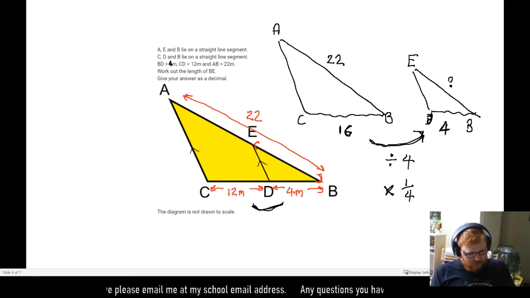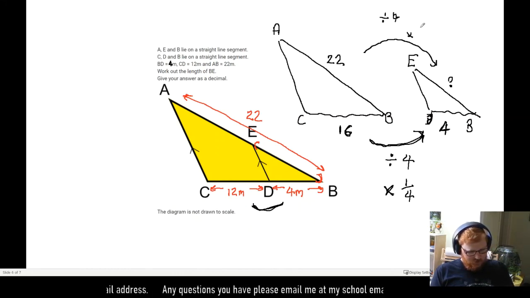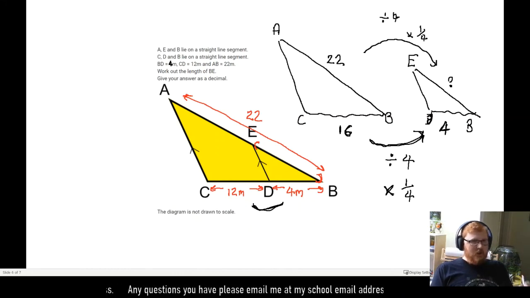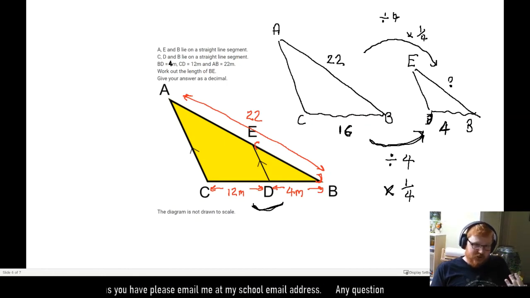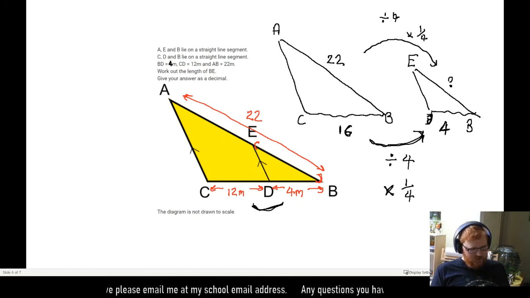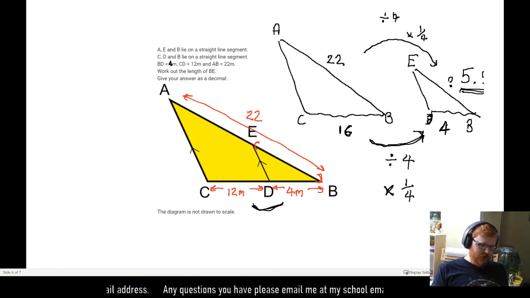And so if I want to go from 22 to find out what B to E is, I can either divide it by 4, or I can do exactly the same thing, which is to times it by a quarter. And a nice way to get a quarter is to halve it and halve it again, which is quite nice. Halve it and halve it again, 11, 5.5. So my answer for B to E would be 5.5.